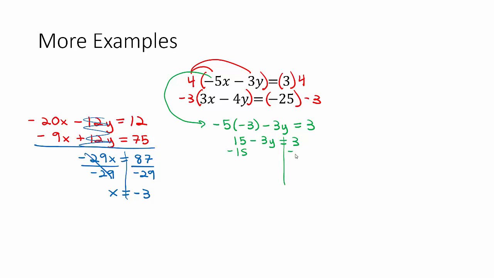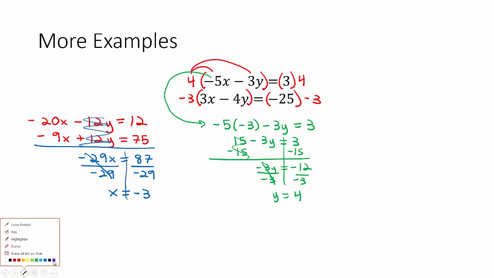Solve by subtracting 15 from both sides. Negative 3y equals negative 12. Divide by negative 3. And y is a positive 4. So these two equations are going to cross at negative 3, comma 4.